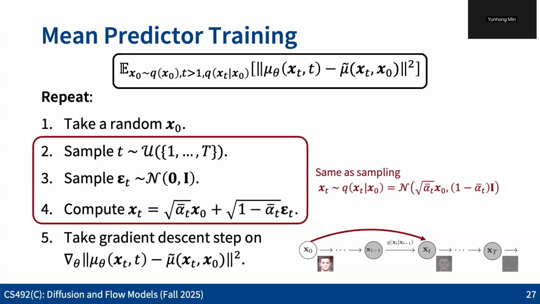So this is nothing but sampling the xt given the x0 and the time t. Then we compute this mean using our samples of xt and x0, predict the mean using the mean predictor, and run backpropagation while minimizing this L2 loss. Make sense?